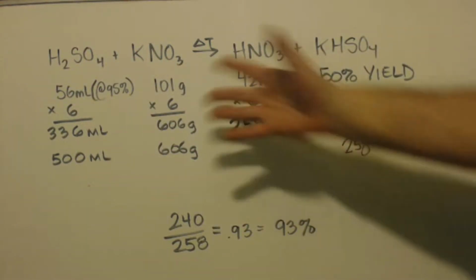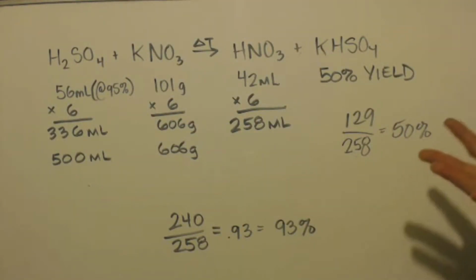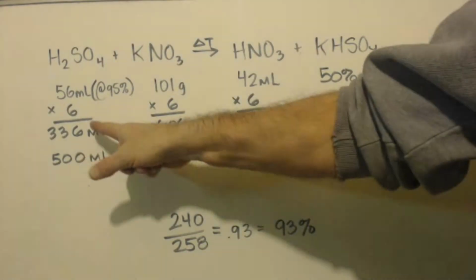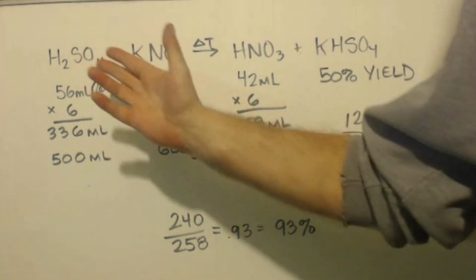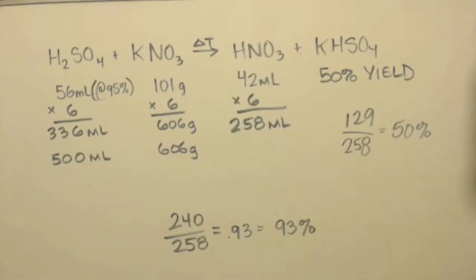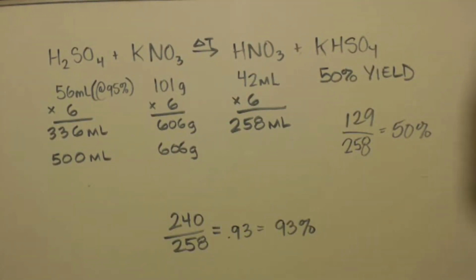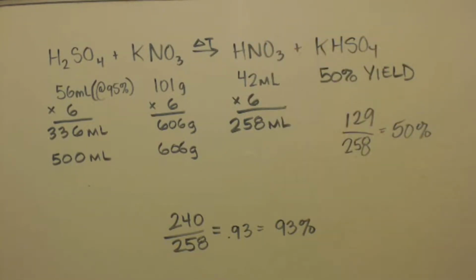The more you use up, the harder it is for these two to find each other. So my way of thinking was this. If I throw the extra sulfuric acid in, there'll be double: instead of 1 trying to find 1, you'll have 2 trying to find 1. A lot easier to find each other and react to make that last 50% of your nitric acid.